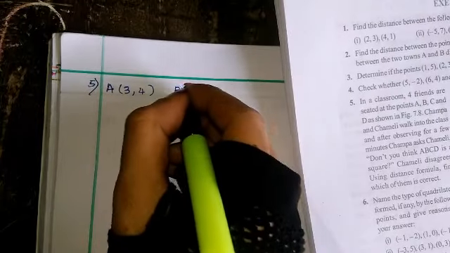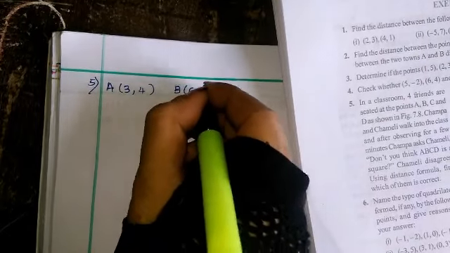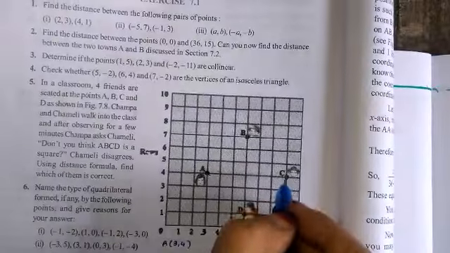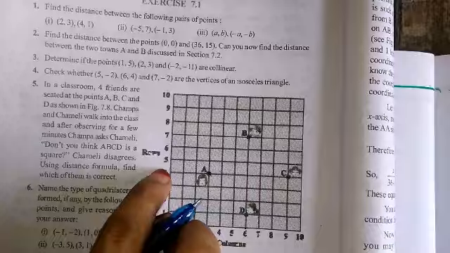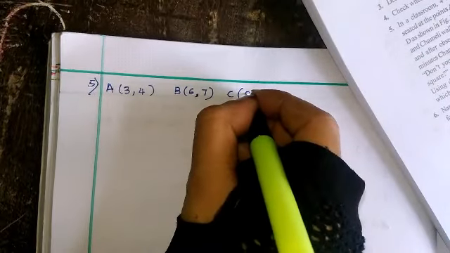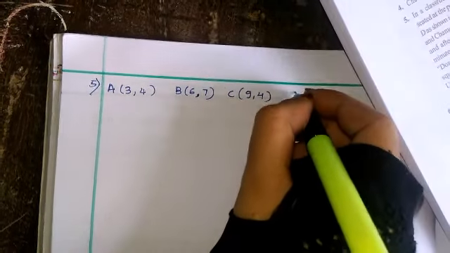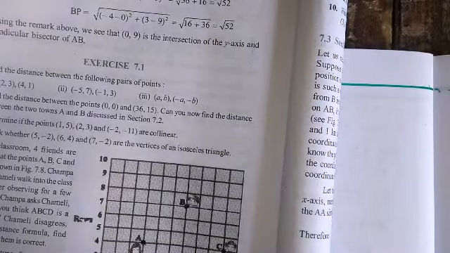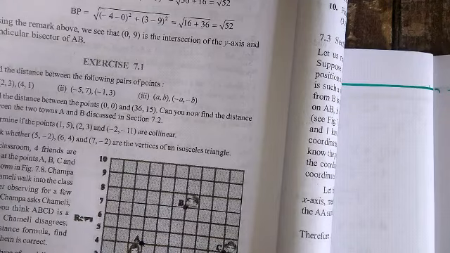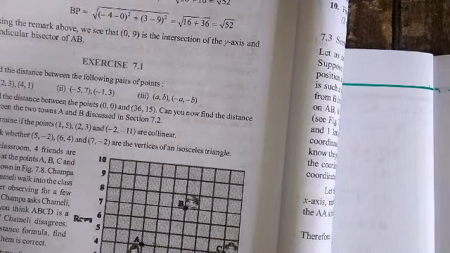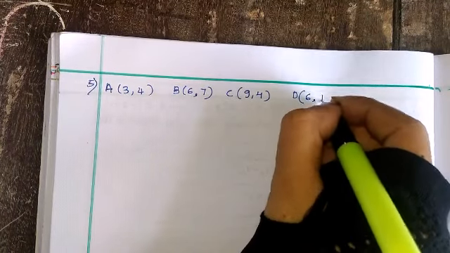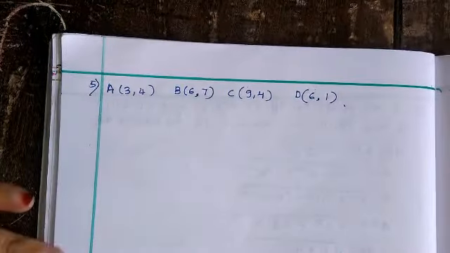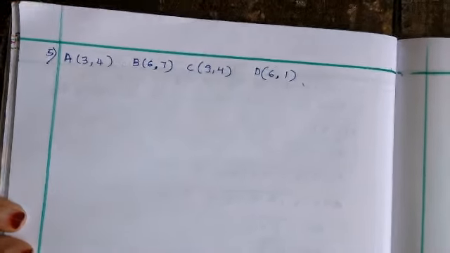C point is x 9, y 4. And D point is x 6, y 1. Okay, let us see whether it is a square or not.